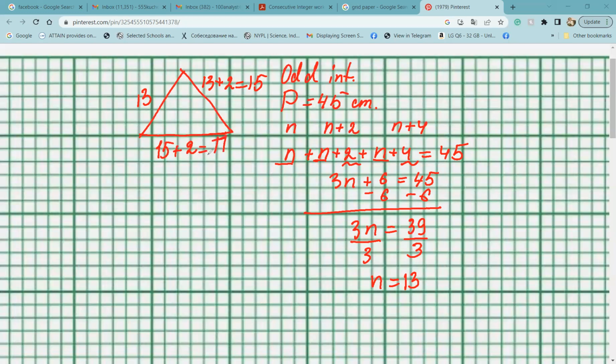Or another way you can find the length of the side is 13 plus 4, and you again get 17. Okay, so the longest side of this triangle is equal to 17 centimeters. Good job.